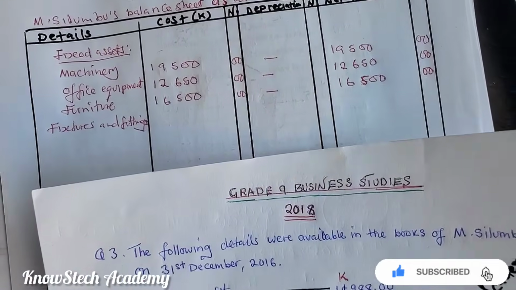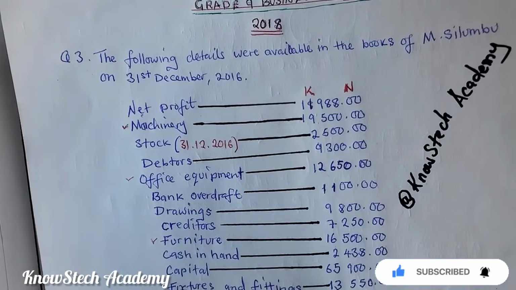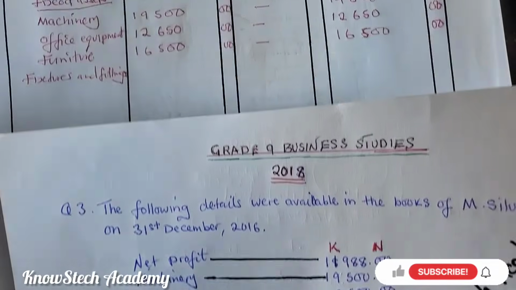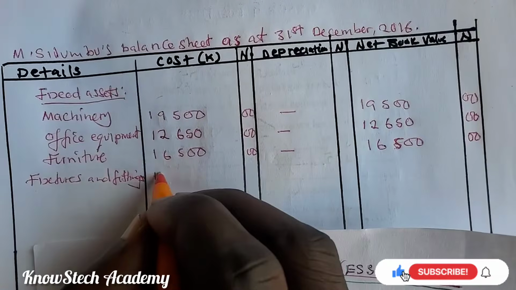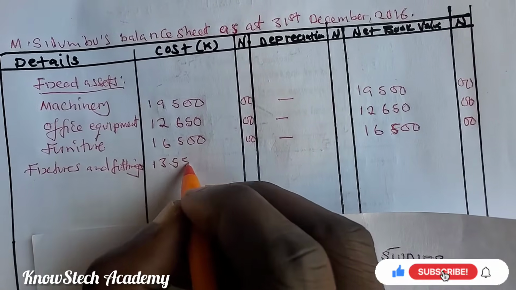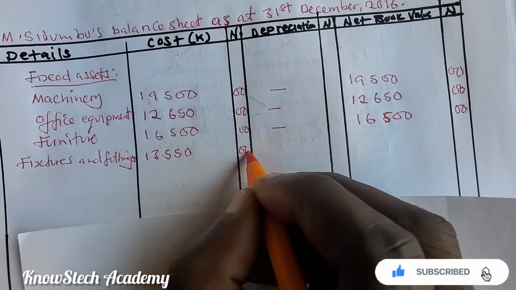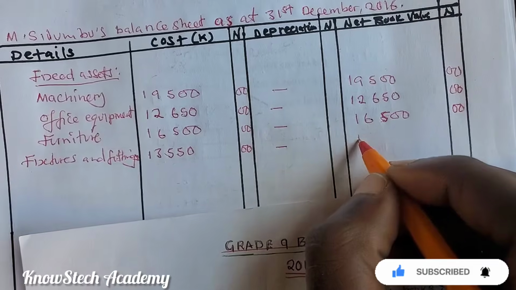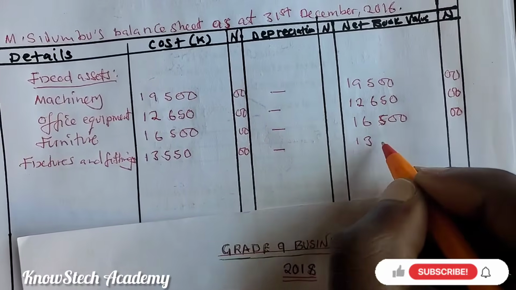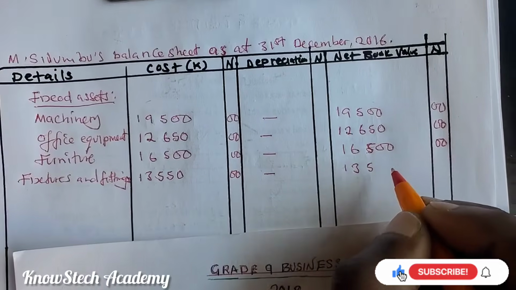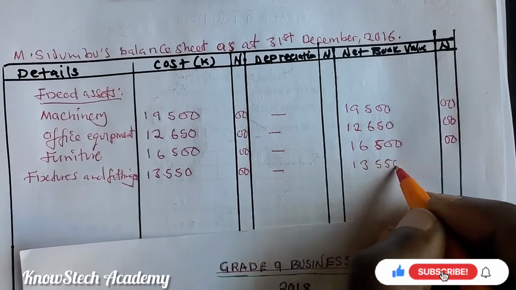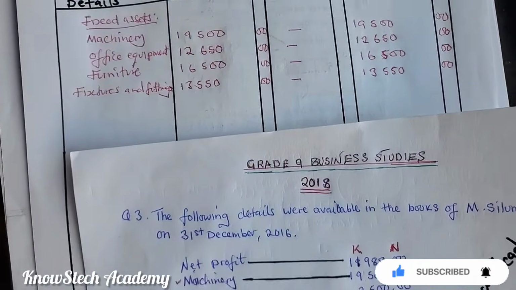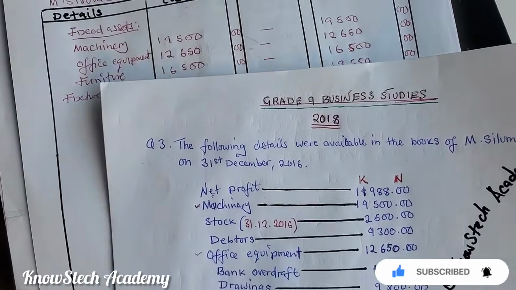The cost here of fixtures and fittings is 13,550, 00 Ngwe, no loss in value. So here we're going to write the same amount, which is 13,550, 00 Ngwe. All right, then we are done.